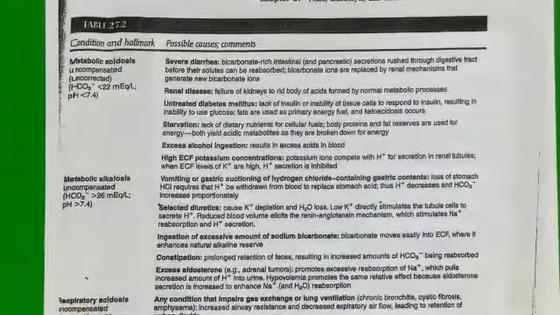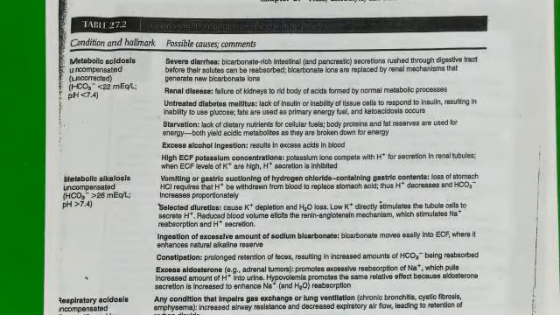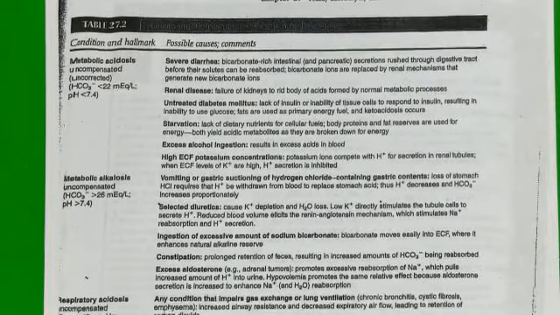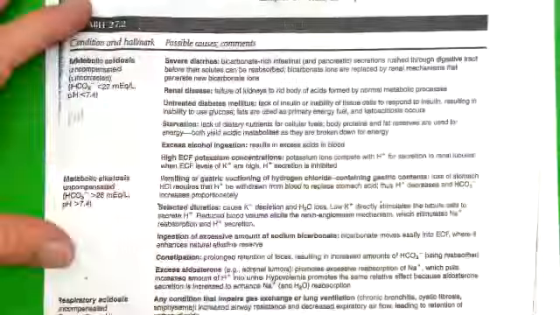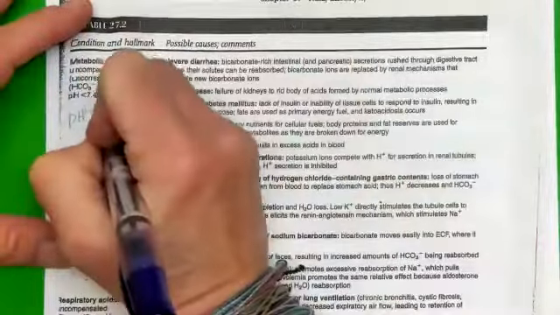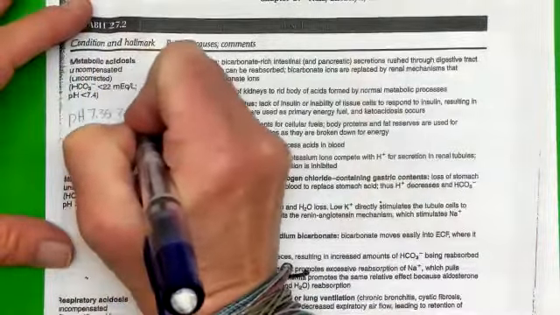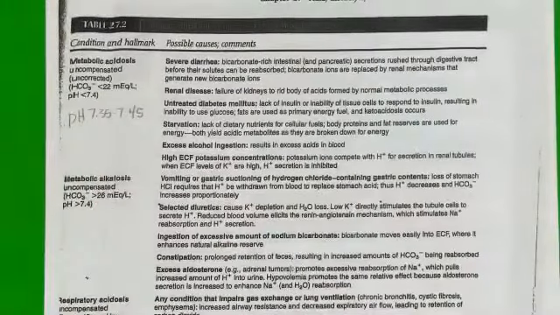All right, so the first one is called metabolic acidosis. Okay, so I'm going to write the numbers in here again, just so that we have them, 7.35 to 7.45, because you're going to have to memorize these numbers. I won't give them to you on a test. They'll just be in your head.